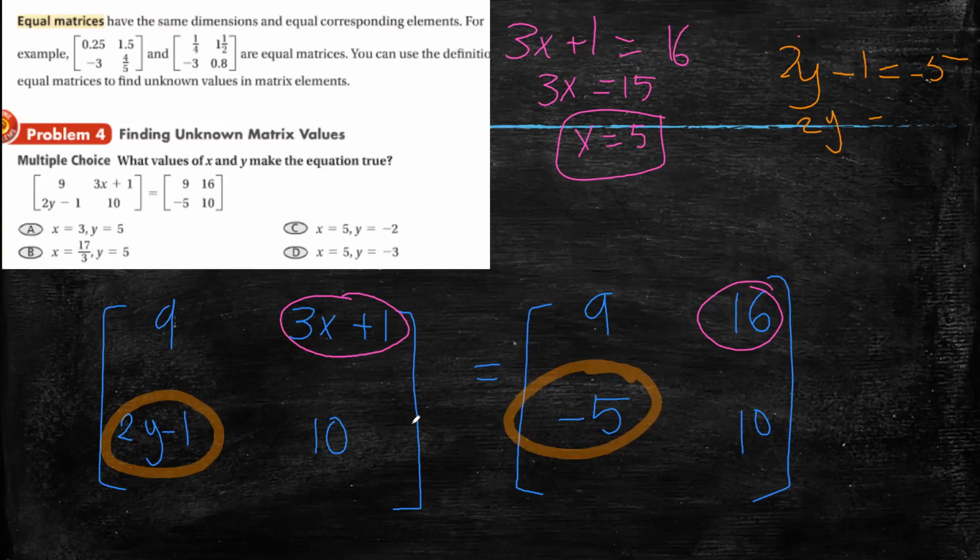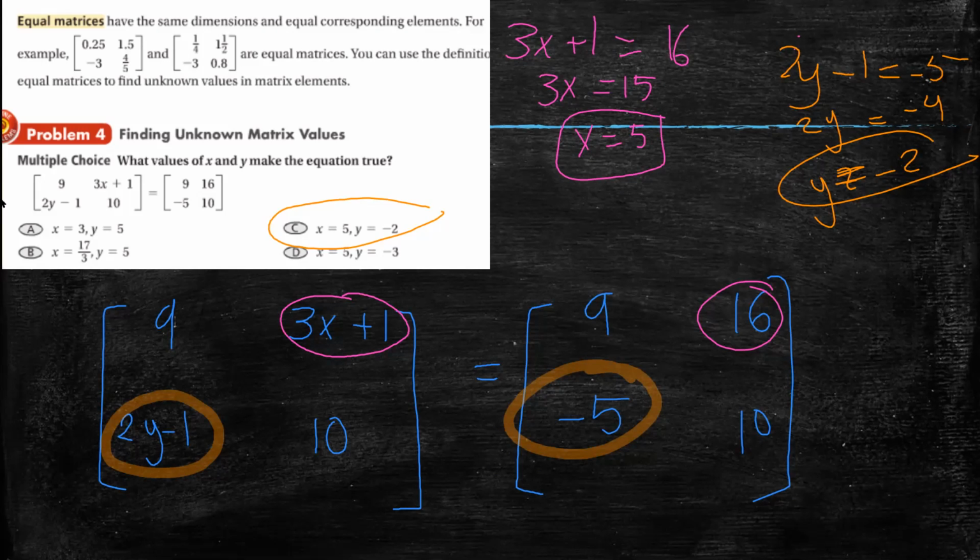So 2y is -4, so y equals -2. So x is 5 and y is -2, which will be C. Is it clear? Yes. We take the same corresponding elements to find the unknown variable.